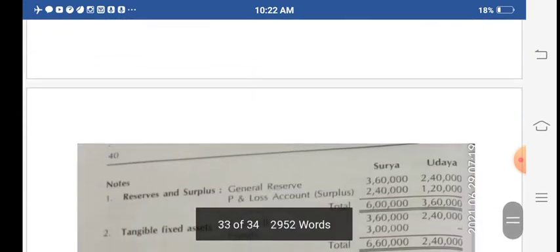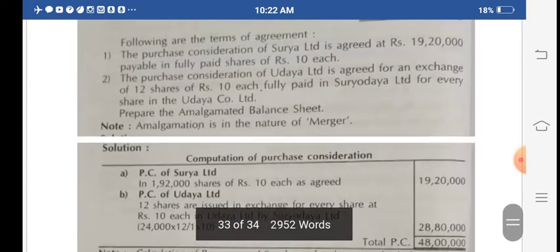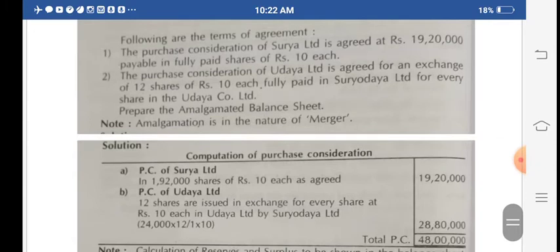Now see the other information. The following are the terms of agreement. The purchase consideration of Surya Limited is agreed at rupees 19 lakh 20,000, payable in fully paid shares of rupees 10 each.